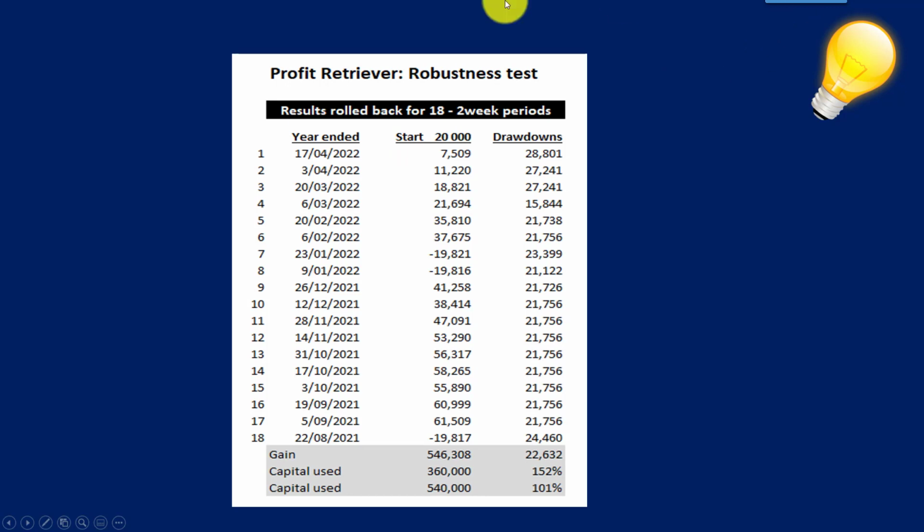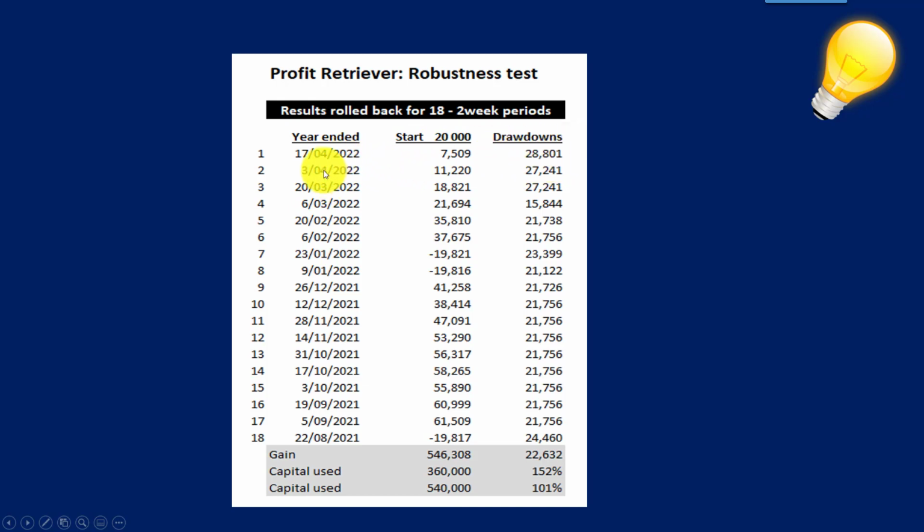This is based on an account of $20,000. I've taken one set of settings, and I said, okay, if we started on the 17th of April, which is just a few days ago, and we back tested for a year, what results would we get, and what would the maximum drawdown be?